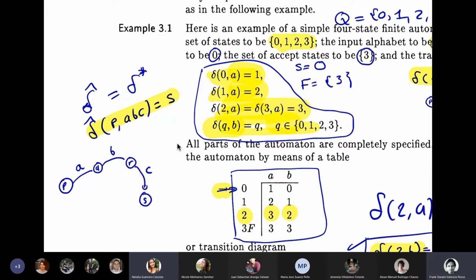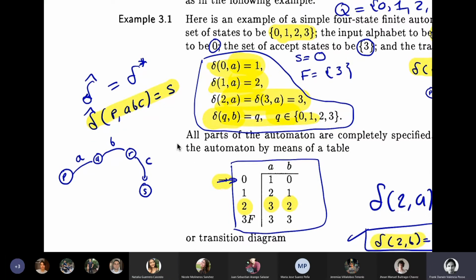Okay, now we're going to explain the definition that Johan gave. So Johan says, how do you compute this? He says delta hat of P, A, B, C is the same as delta hat of delta of P and A, followed by BC.